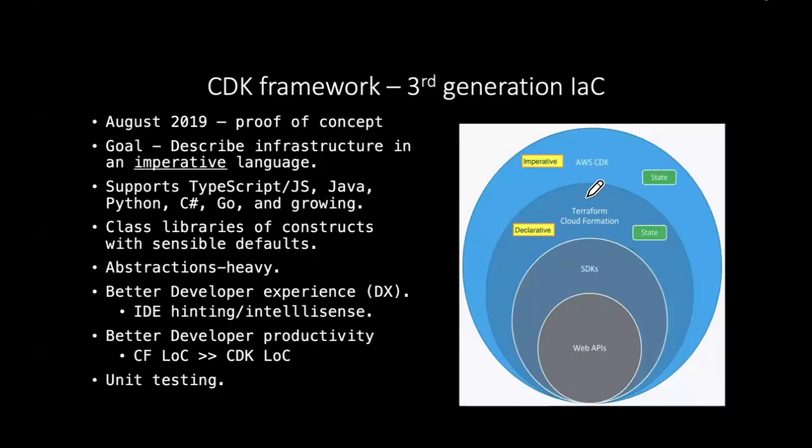But the difference between the green and the blue is you describe your infrastructure using imperative code as opposed to declarative code. And the imperative code can be in almost any language of your choosing. So you can write your imperative infrastructure as code in TypeScript or Python or Java or Rust or C# or Go, and there are probably some other languages as well that are being added to that list.